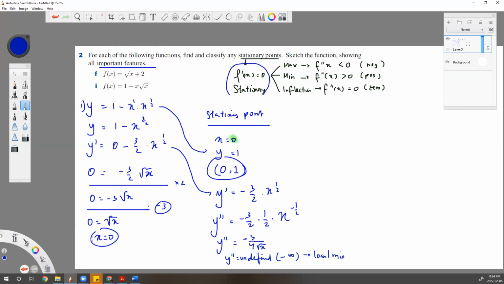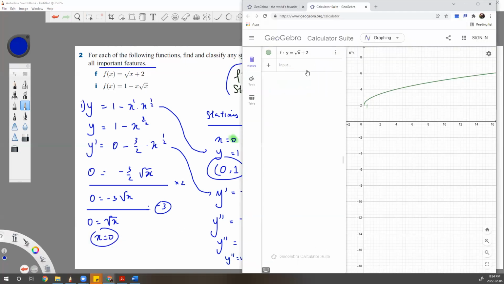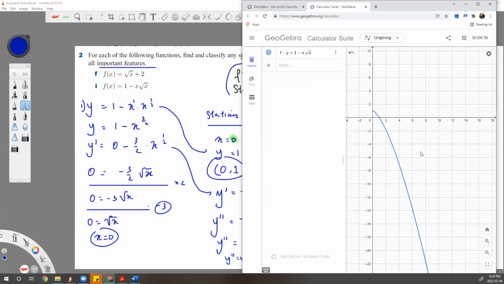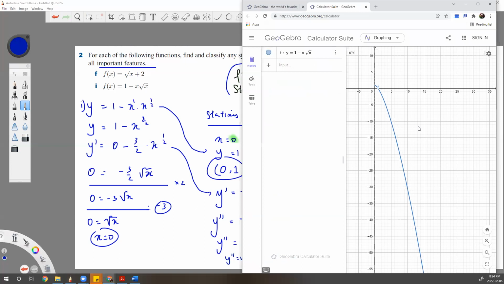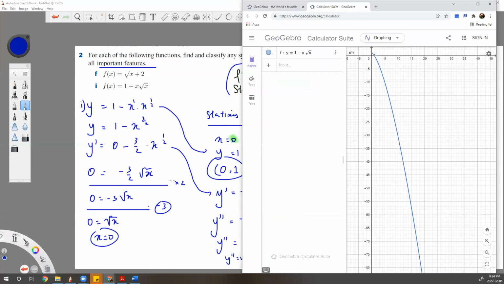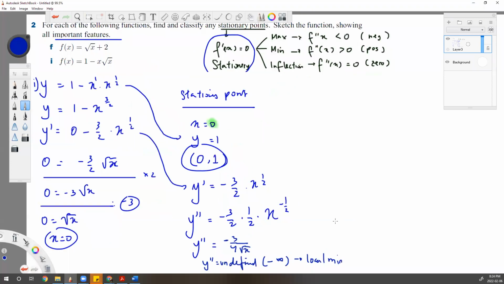So let's try to sketch the graph. Y equals 1 subtract x square root x. Oh man, there is no local at all. So there is no local minimum.